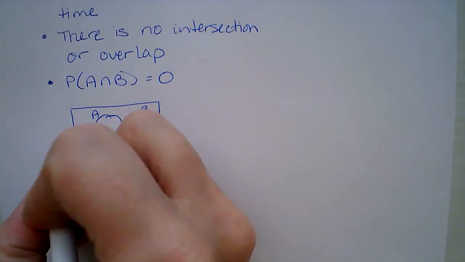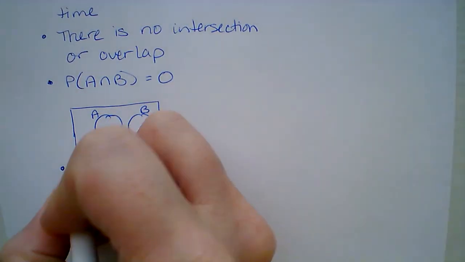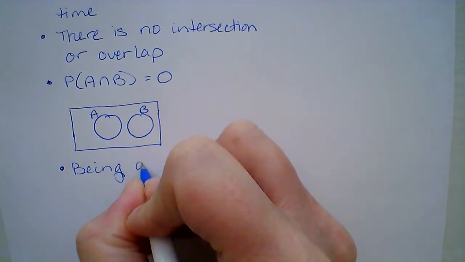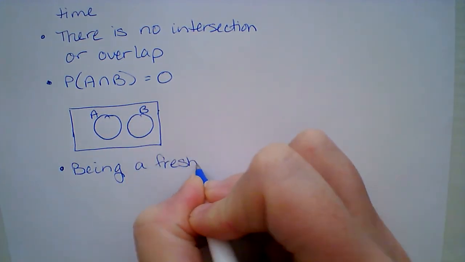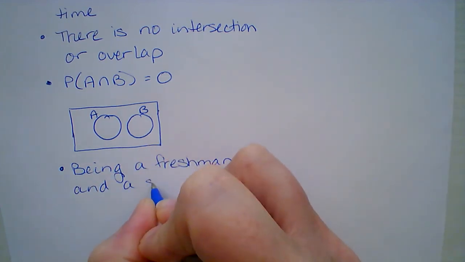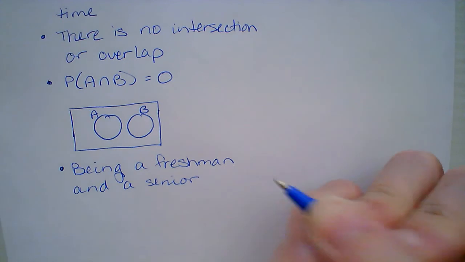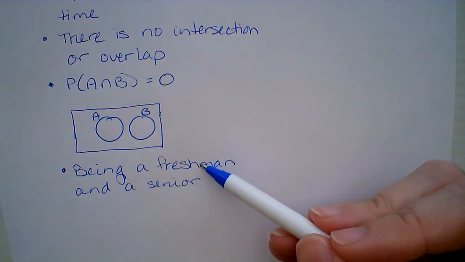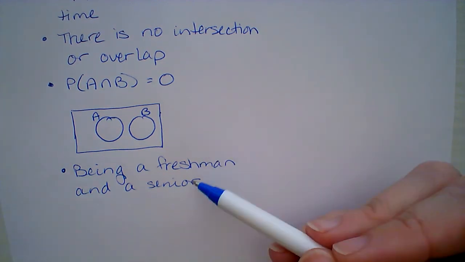If you think of some examples, like being a freshman and a senior. Like, nobody is a freshman and senior at the same time. You're a freshman or you're a senior or a sophomore or a junior. But there's nobody out there that's both a freshman and a senior. You're one or the other. You can't have both. So this is what mutually exclusive means.